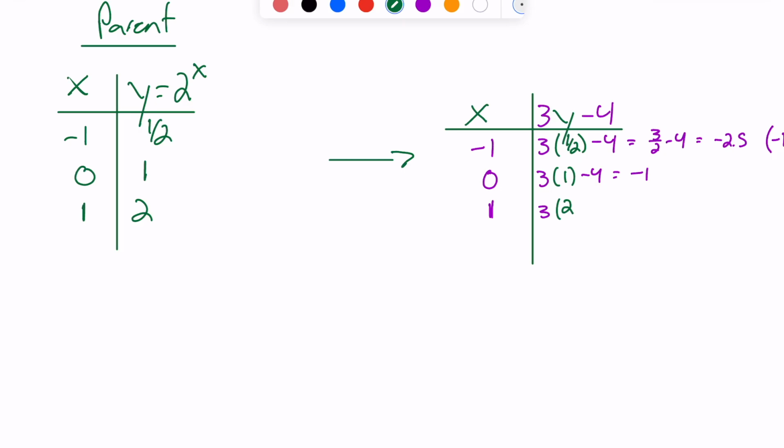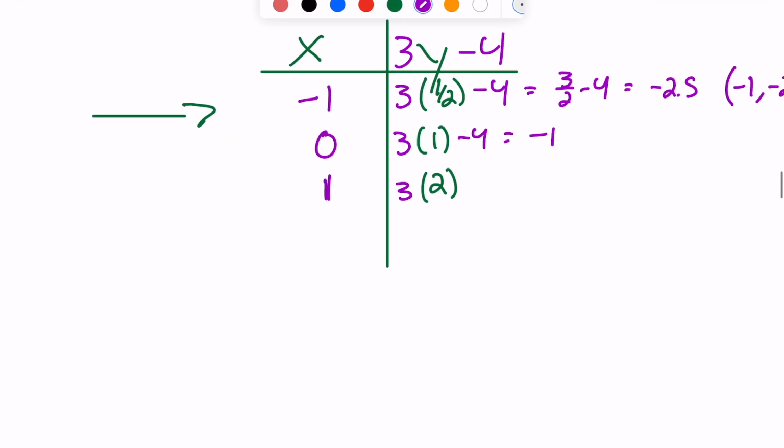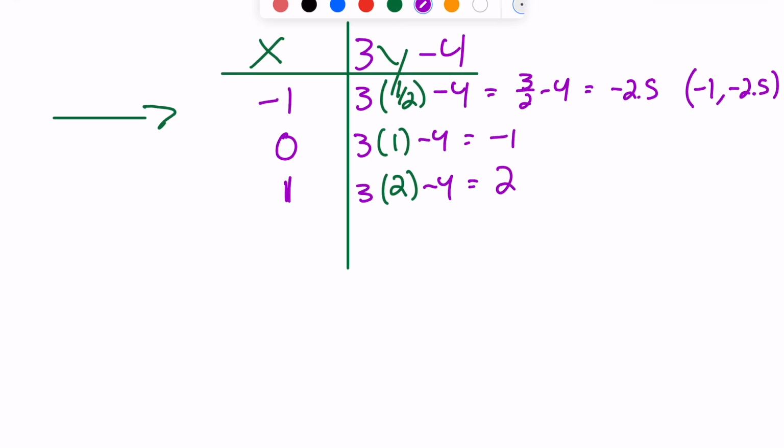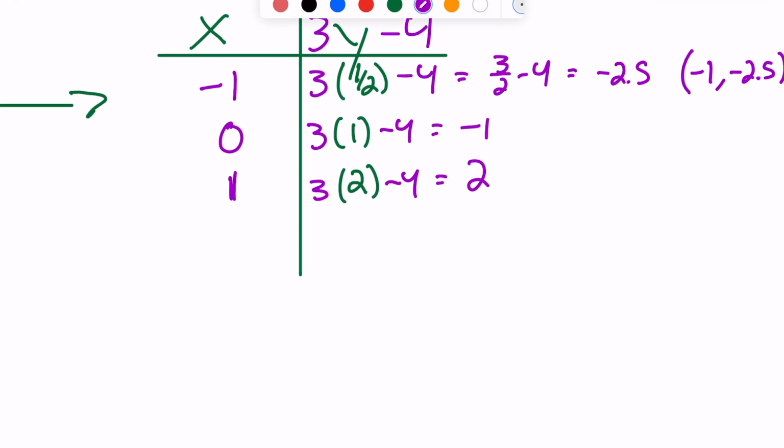So 2. Subtract 4. That's going to give you a value of 2. So we've created one ordered pair. Our second ordered pair was the x of 0, 0, and -1. And then your third pair was x coordinate of 1 and 2.